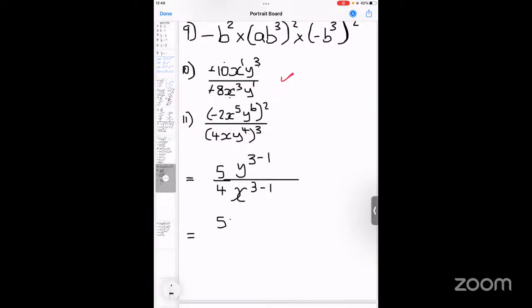Then you just have your 5y to the 2 over 4x to the 2. Then this is the end of it. Can you see, Manahil? Or did I lose you, Manahil?